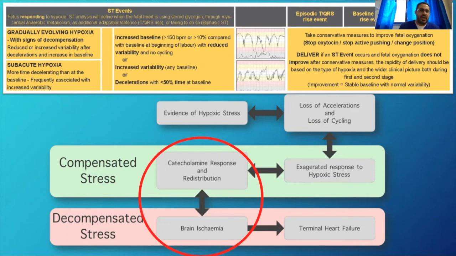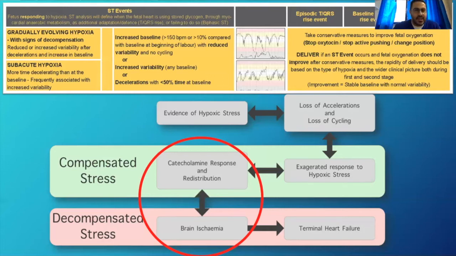How soon, how fast do we need to intervene? How much do we need to do? Well, that's where STAN comes in. That's where STAN helps us. If you start seeing that the baby's baseline is going up, we've reached that point. We're starting an adrenaline response. We need to make sure that we have STAN working properly and telling us how this baby's heart is doing.